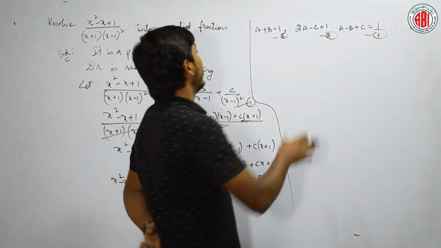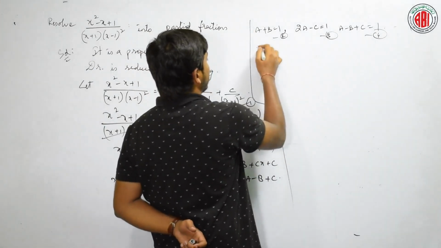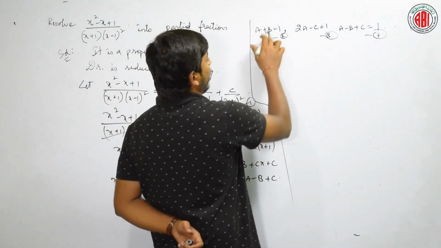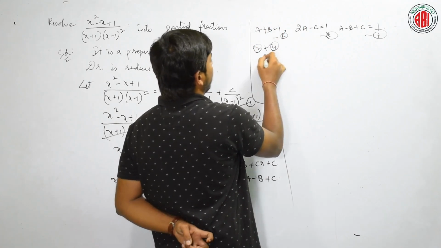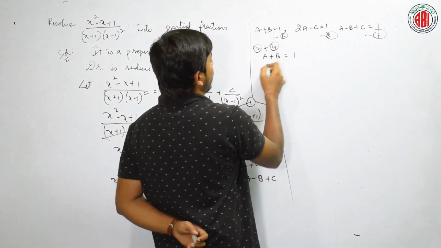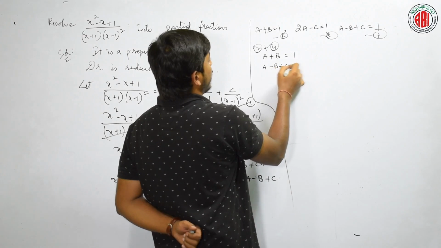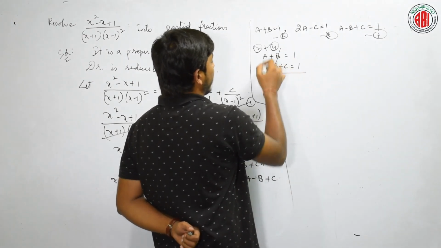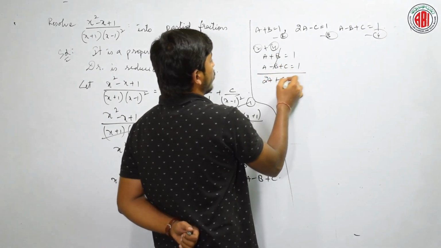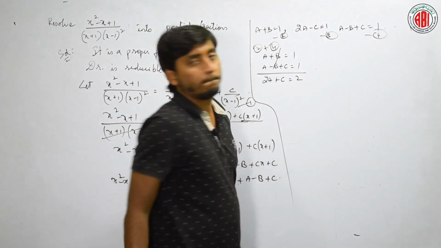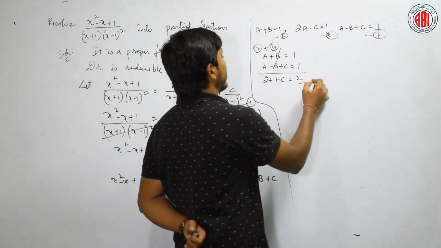As of now, let me add the second and fourth equation. Why? Because b will get cancelled. a plus b equal to 1, a minus b plus c equal to 1, b will get cancelled, I will be left with 2a plus c equal to 2, right. Let me take it as equation 5.